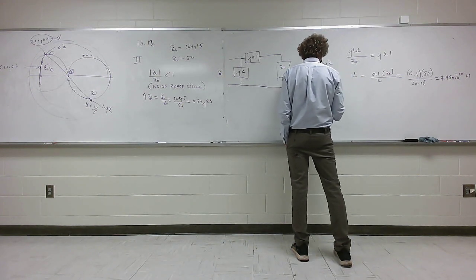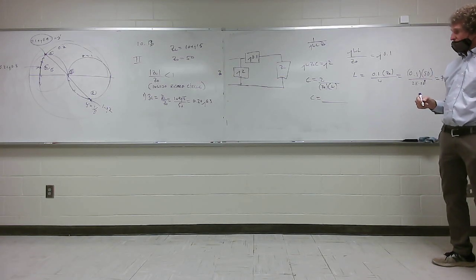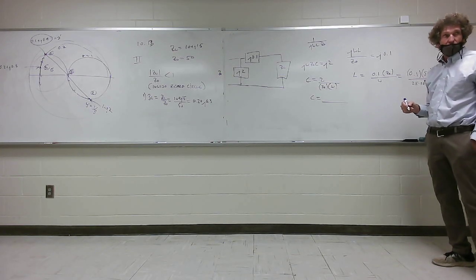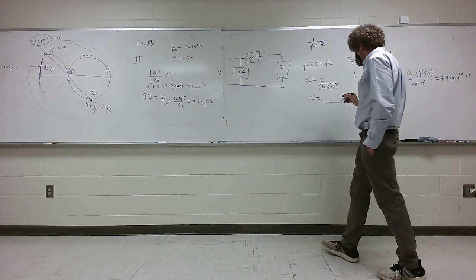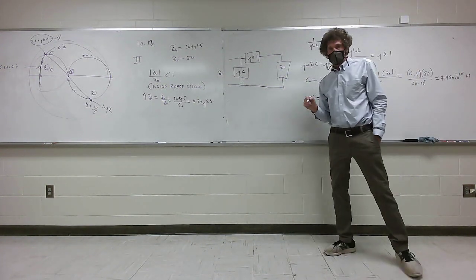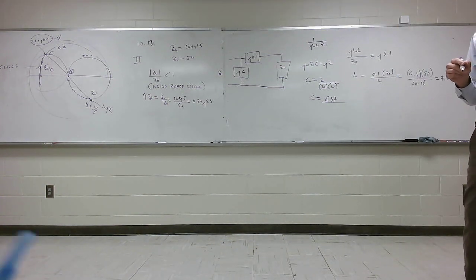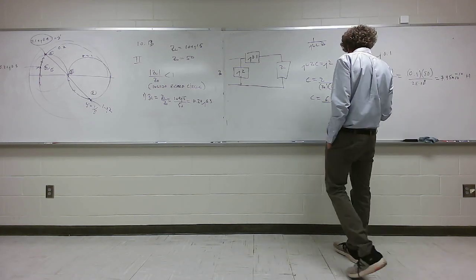Can you tell me what that is? 2 over 50. 6.37 nanofarads, or sorry, 10 to the minus 9th or 10 to the minus 12? Pico. That's pico. Oh, sorry. Picofarads.